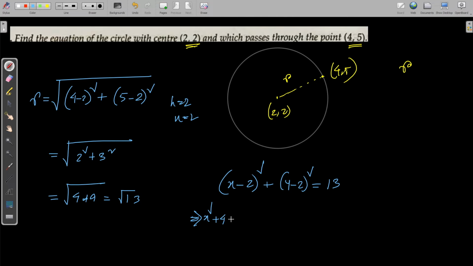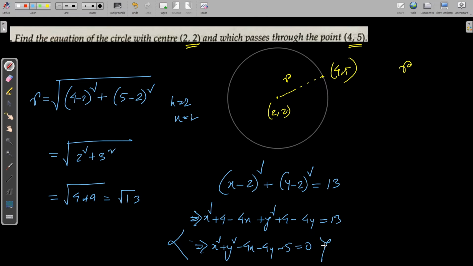It will be x square plus 4 minus 4x plus y square plus 4 minus 4y equals 13. If we further simplify this, we'll get x square plus y square minus 4x minus 4y, 4 plus 4 is 8, 8 minus 13 is minus 5, equals 0. Hence, this is the equation of the circle.